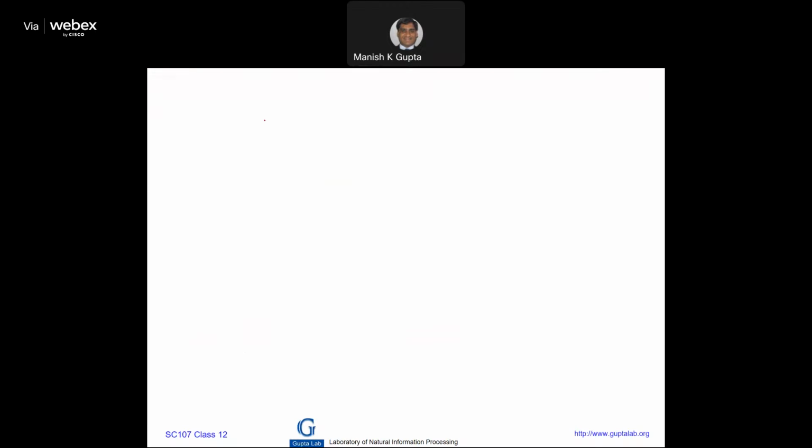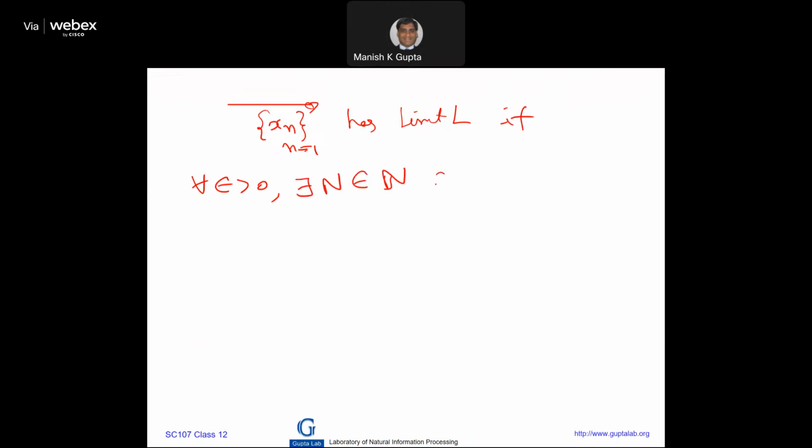We say that a sequence xn, n equal to 1 to infinity, has limit L if for every epsilon positive there exists a natural number N such that mod of xn minus L is less than epsilon for all n greater than or equal to capital N. This says that for sufficiently large n. Now, if I have to show that some limit exists, I start with this inequality and try to find the value of capital N.